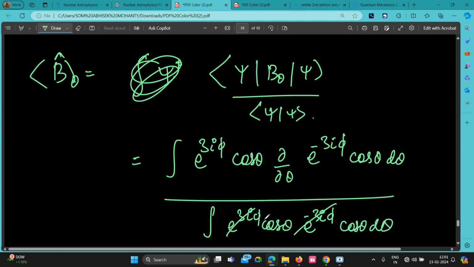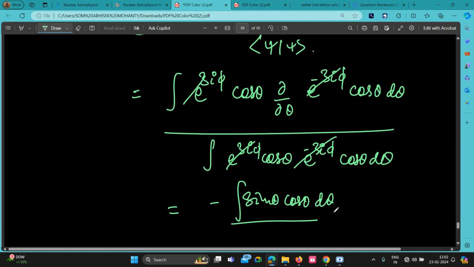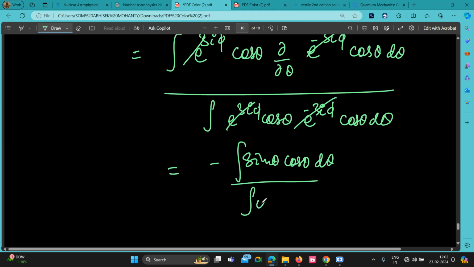If you see, this part is cancelled out because it won't be differentiated with respect to theta. So del by del theta of cos theta is minus sin theta. The minus goes up: minus sin theta cos theta d theta, divided by the integration of cos square theta d theta.